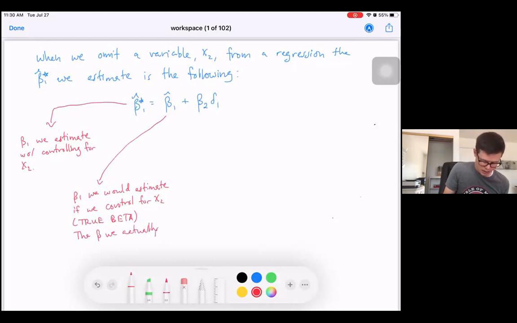So remember, say we're interested in the effect of education on wages, but we don't have data on IQ. So we can't control for IQ. So we're going to get some sort of beta star, that's not the beta we wanted, which is the beta 1 that controls for IQ. Beta 2 is the effect of x2 on y if x2 were included.